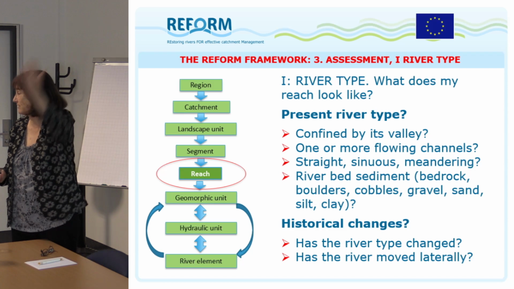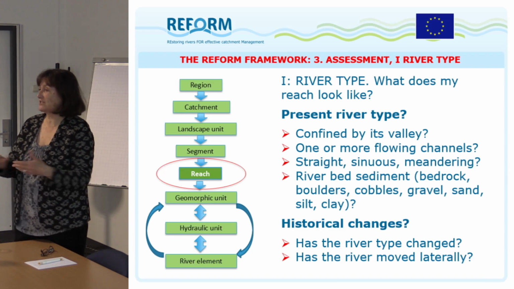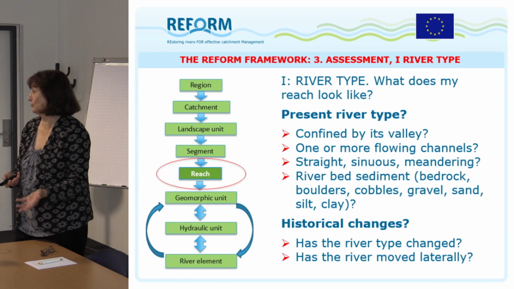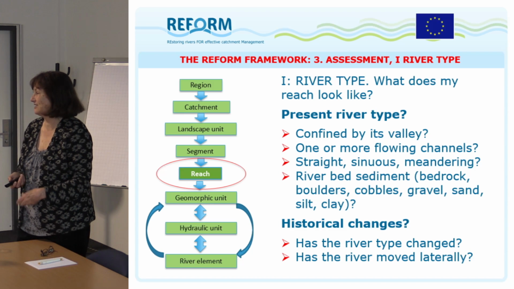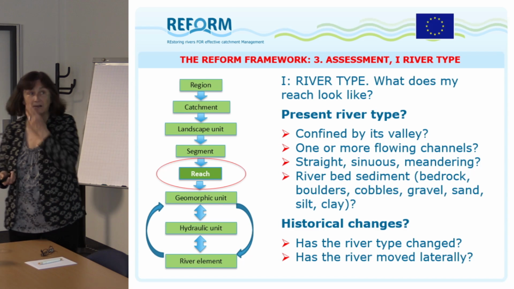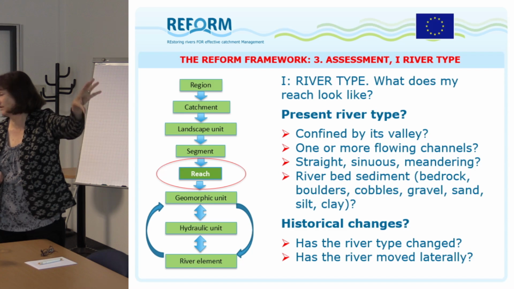It's very easy to run through and allocate these river types. If you have any sort of habitat survey in your country, it will record something about the bed material. So in the UK, we've got the River Habitat Survey, and it says whether you've got cobbles or boulders or sand or whatever. So there's existing information to define all of these river types.